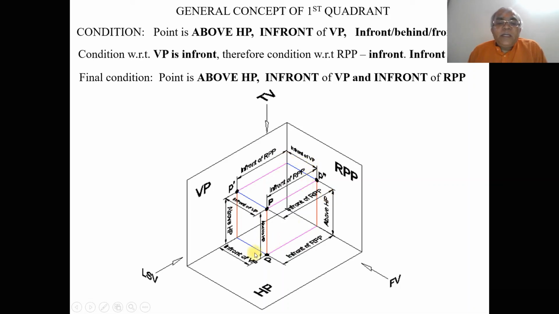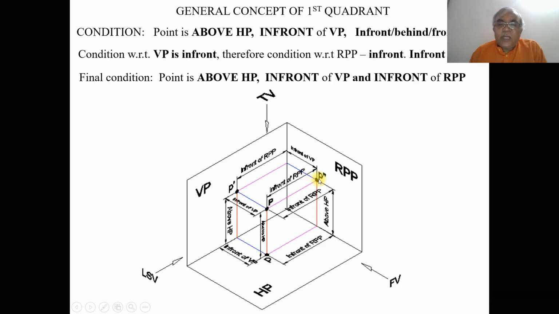But in the top view, in front of VP is vertical. So when it is rotated by 90 degrees with respect to the profile view, this vertical line has to become horizontal. Since the vertical line has to become horizontal in the profile view, both P dash and P double dash will lie on the same line.